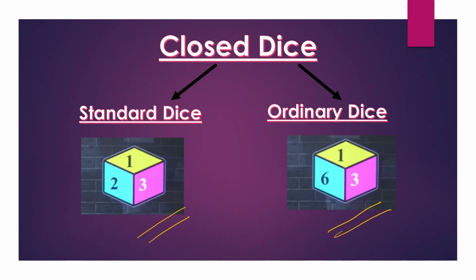Whenever you see this type as shown in the figure, it is called closed dice. In closed dice, we have two types: standard dice and ordinary dice. Questions are not asked on standard dice, but usually on ordinary dice in the exams.